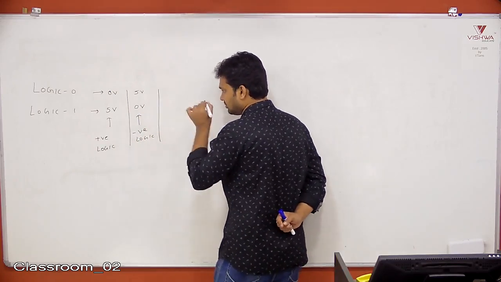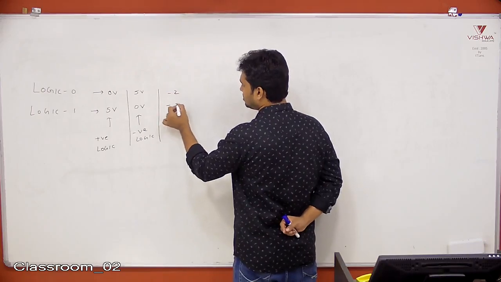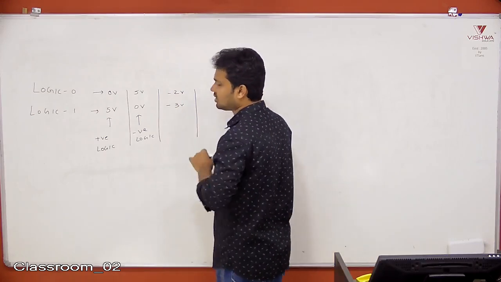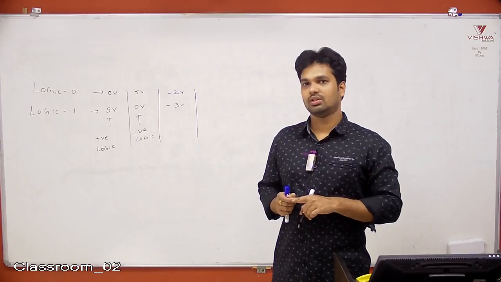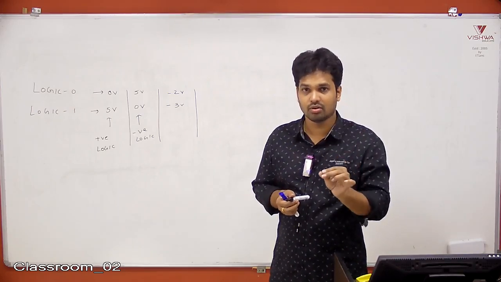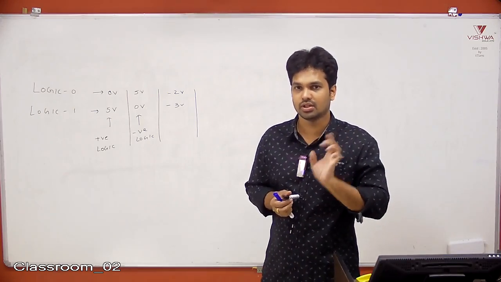Now, using this, for example, you have minus 2 volts, minus 3 volts. Whether it is positive logic or negative logic, you can tell me. See, what is the standard definition? Out of the two available, which one is more positive? That is given for 0 or 1, you should check.